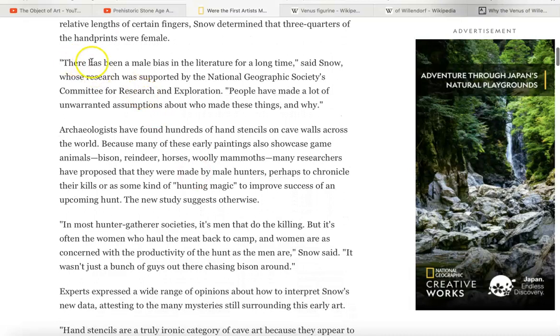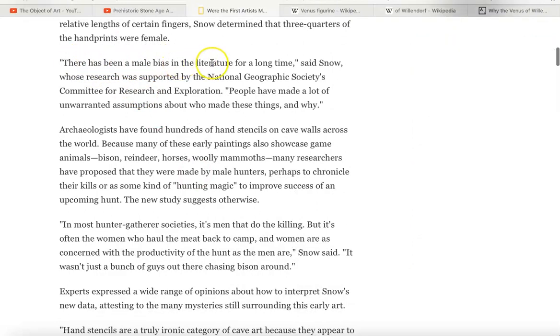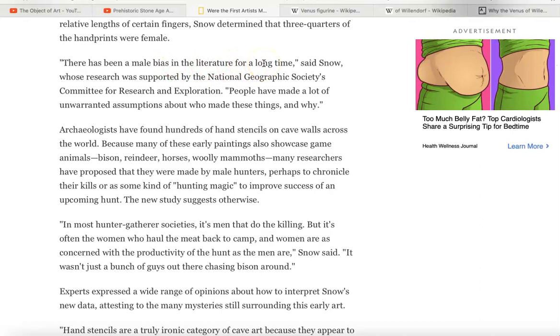Snow says there has been a male bias in the literature for a long time. I guess the people studying this stuff for decades simply assumed that the artists of prehistoric artwork were majority men, maybe even exclusively men. Looks like that's not the case, or they're seeing evidence to suggest that possibly is not the case.